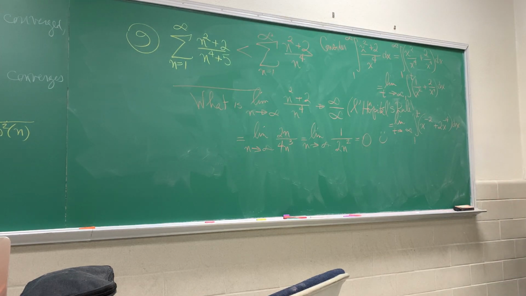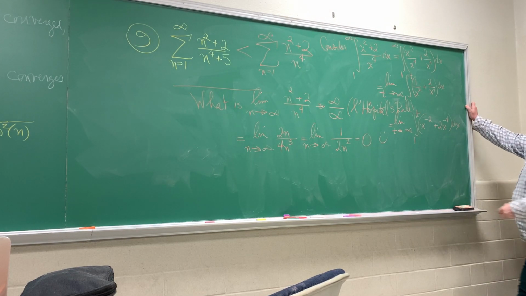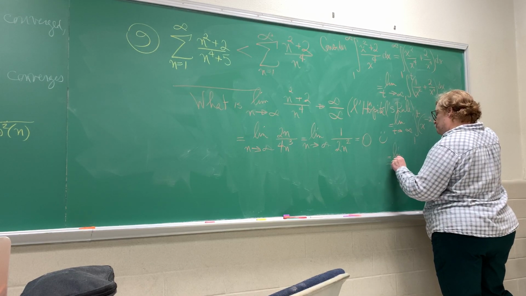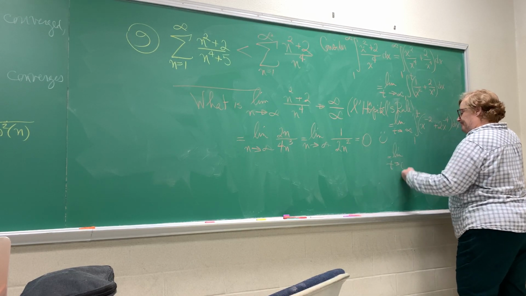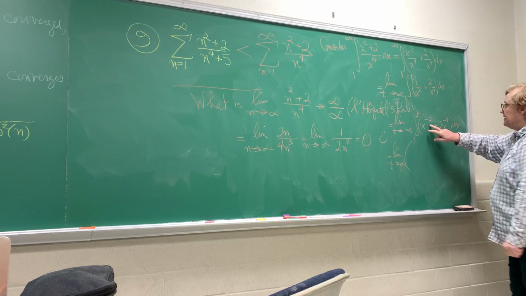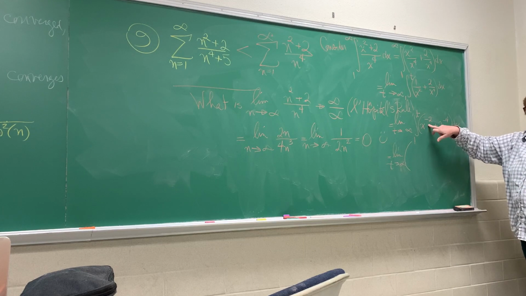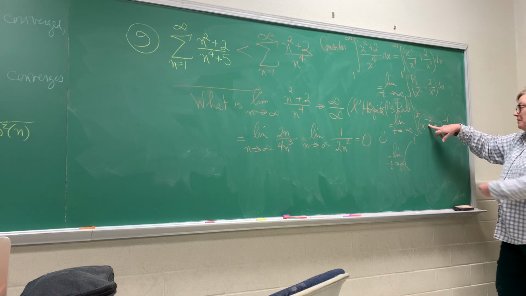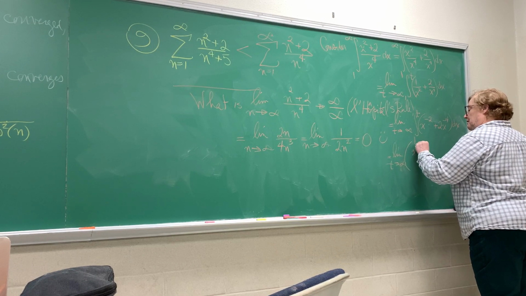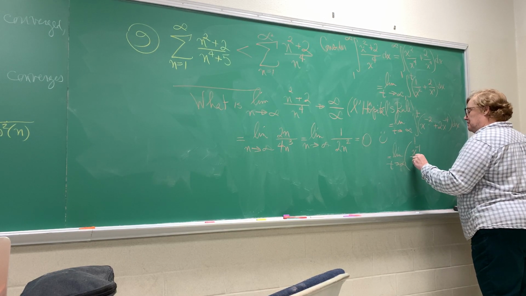And do we know how to find those integrals? Yes, power rule. What do we do with the next one? We add one, and then we divide by that. So -1 plus 1 is... -1, and we're dividing by -1.